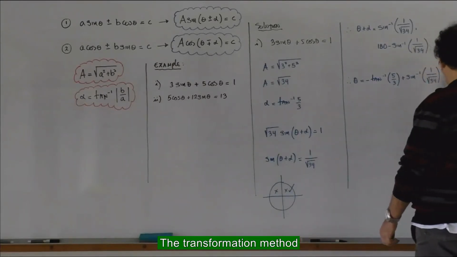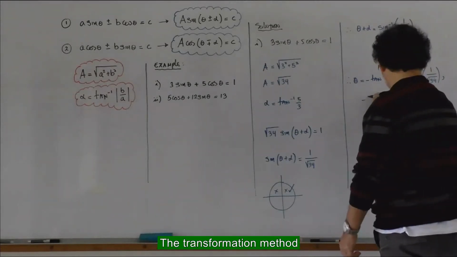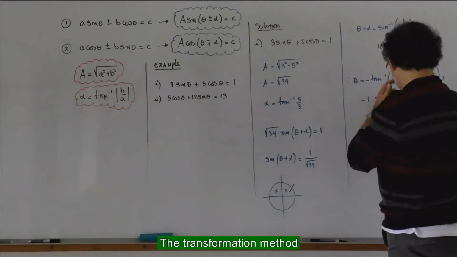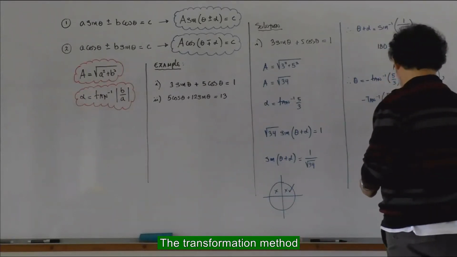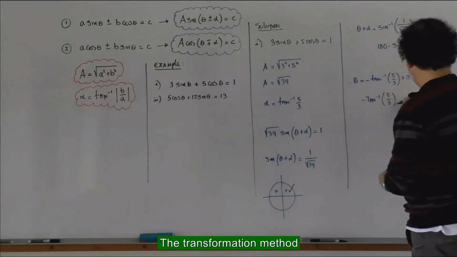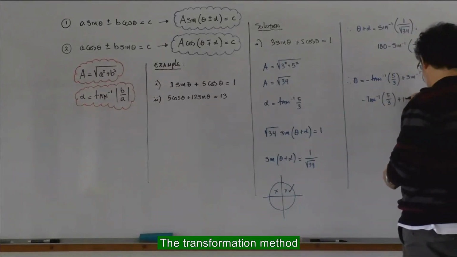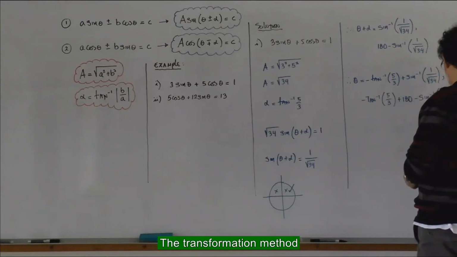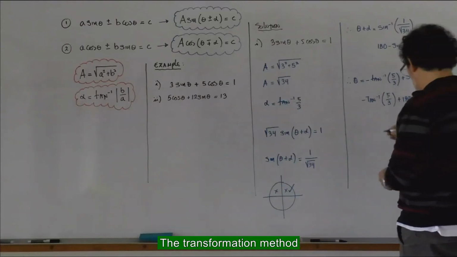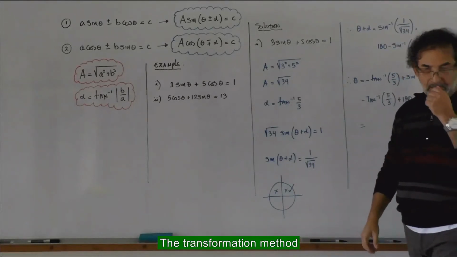Okay, and then comma, the other one is going to be minus inverse tan 5/3, which is the value of alpha, and then plus 180 minus inverse sine of 1 over the square root of 34. Now we're going to put those numbers in the calculator.